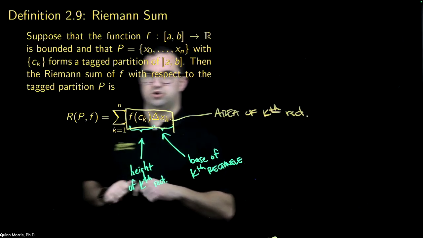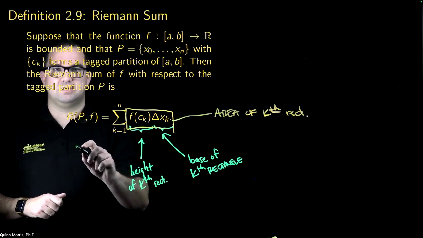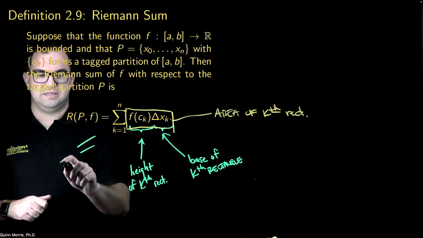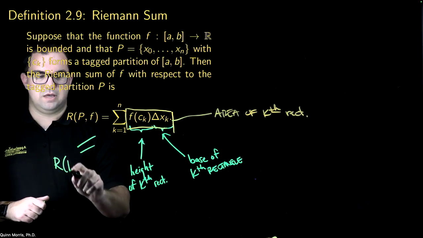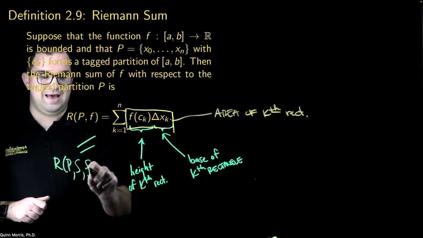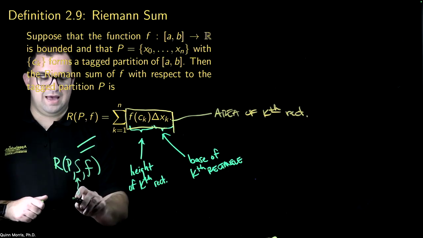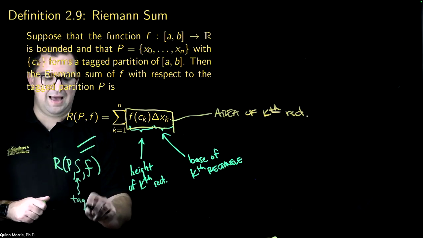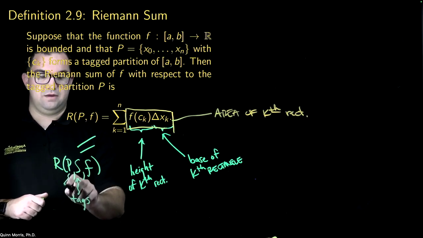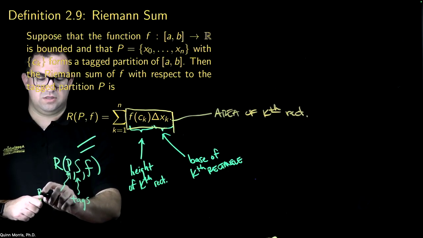Now, because of this issue, you will see that in some books, they might actually write this instead as the Riemann sum of P, S, f, where S represents the tags and P represents just the partition.